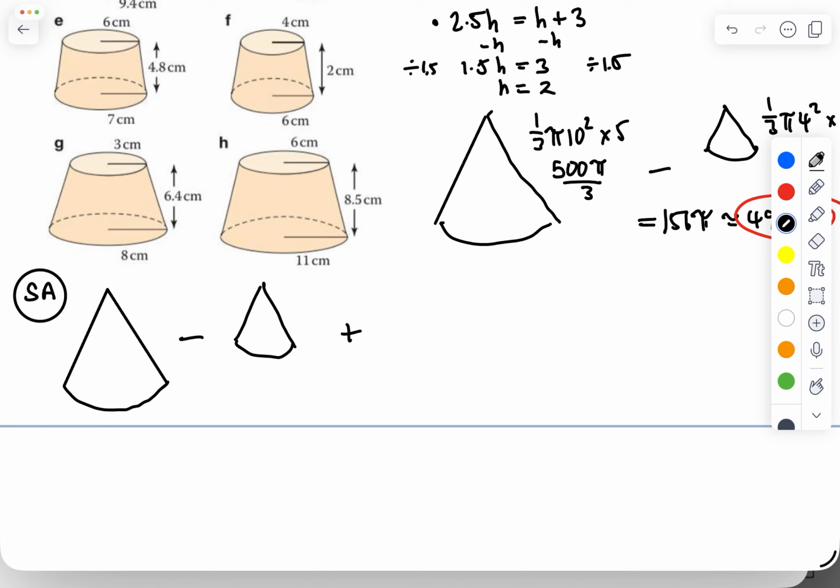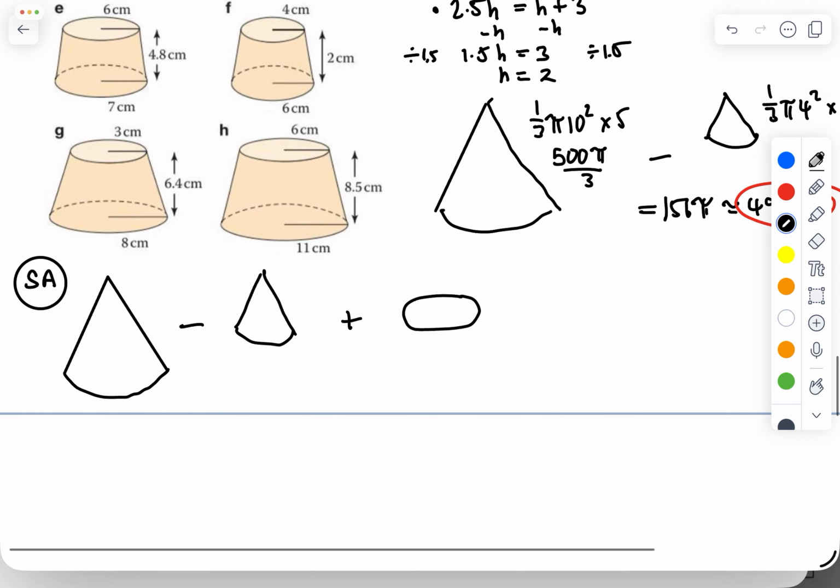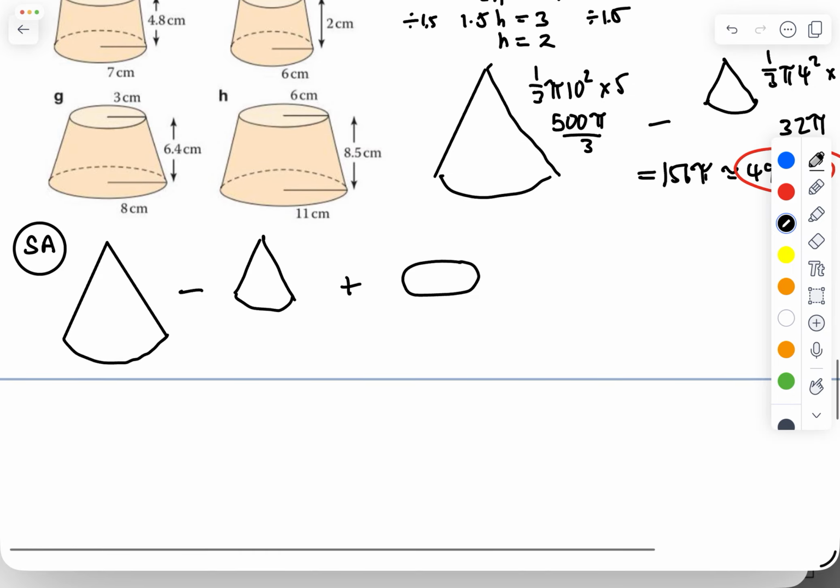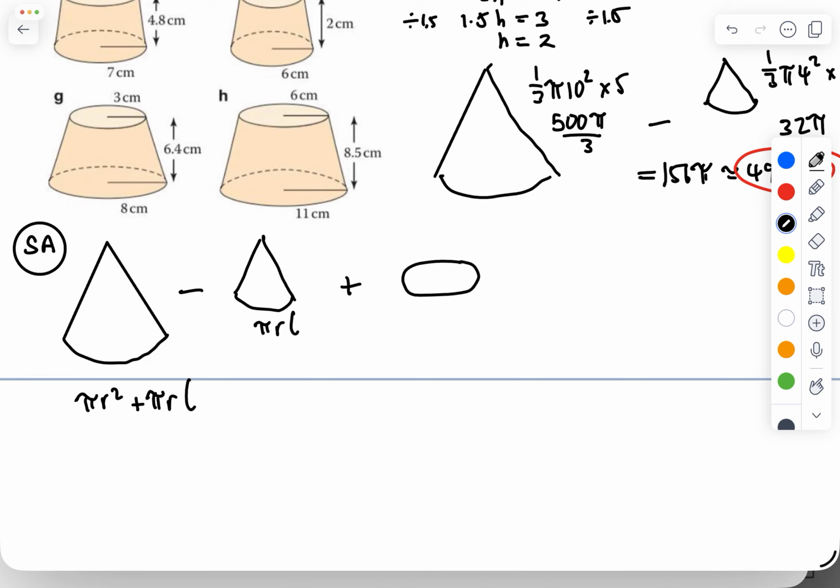But then I have to add a lid for the top of the frustum. So now I've got a formula for the surface area of a cone. That's pi r squared plus pi r l. I'm going to subtract the curved part for the small cone, which is pi r l. And I'm going to add the lid, which is just pi r squared.